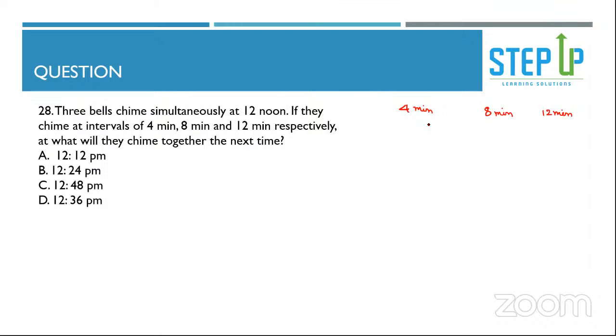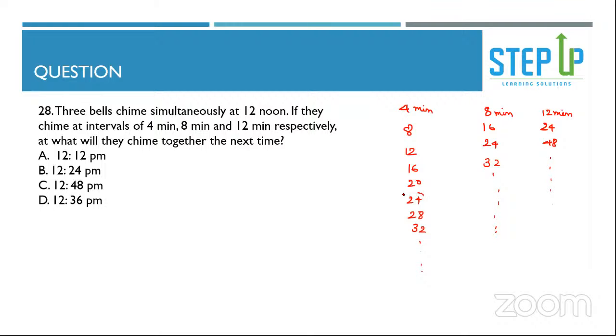This one will chime at 8, 12, 16, 20, 24, 28, 32, and so on. This one will chime at 16, 24, 32, and so on. And this one will chime at 24, 48, and so on.